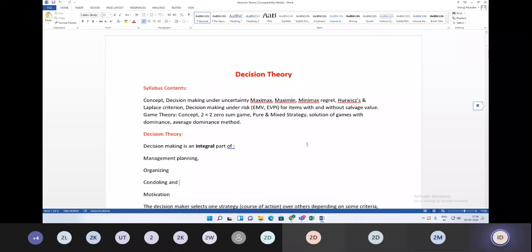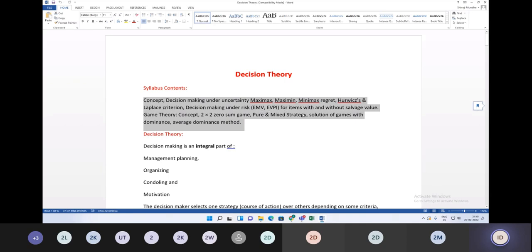We already saw how a decision is to be taken using decision under risk, because the concept is included in your syllabus. The decision is to be taken under uncertainty, that is maximin, maximax, minimax regret, Hurwitz, and Laplace criterion, and decision making under risk, that is calculation of EMV and EVPI.